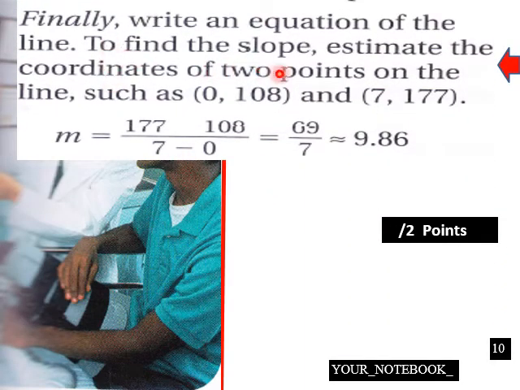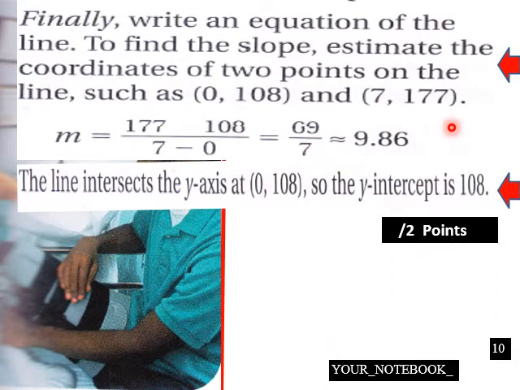Now we need to figure out the slope. So we pick 2 spots on our plot, which are (0, 108), the y-intercept, and (7, 177). And then we figure our slope. It is a line, so any 2 points figured into our slope formula will give us a correct slope, which is 9.86.